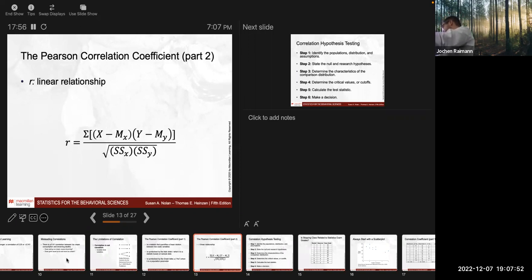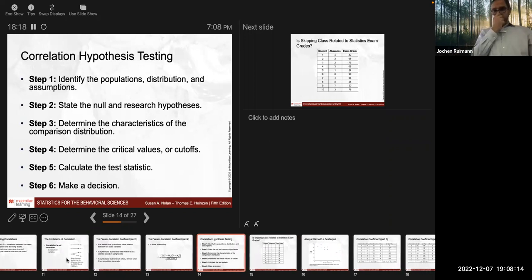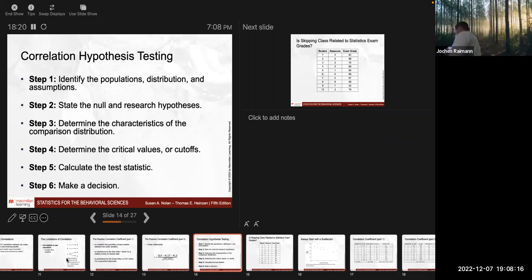So you have now an R that is determined by a sum of products of your deviations divided by the square root of the product of sum of squares x multiplied by sum of squares y. And that's as simple as it could be, essentially. It looks a little bit more complicated than it is, but we will calculate this in a second and it becomes clearer.